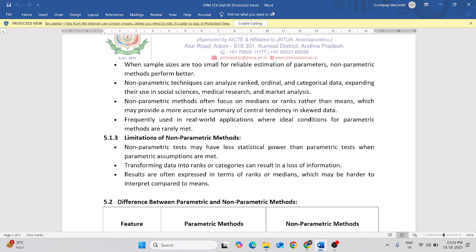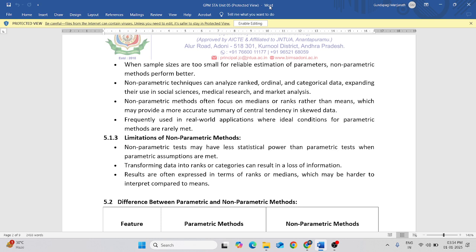But with non-parametric tests, we have very little statistical power. Sometimes when we convert the data from one form to another, we may lose certain valuable information, which is another limitation.